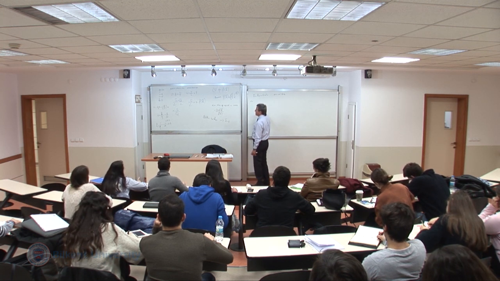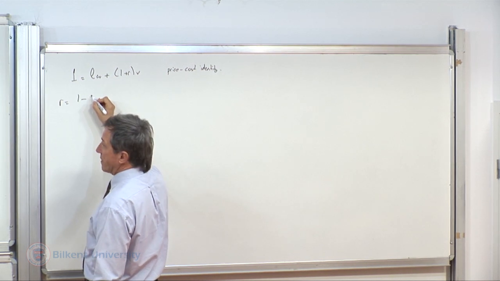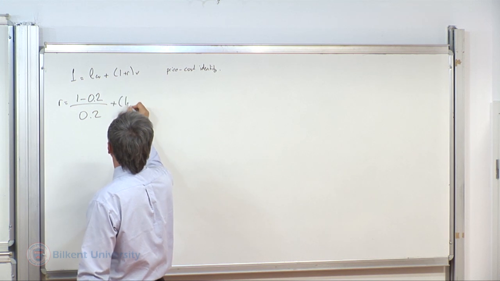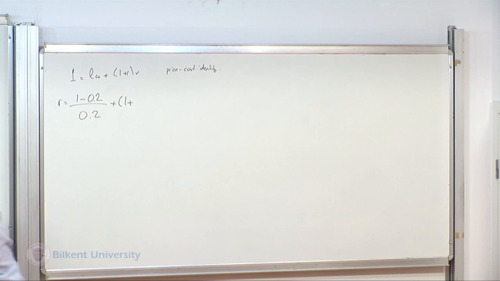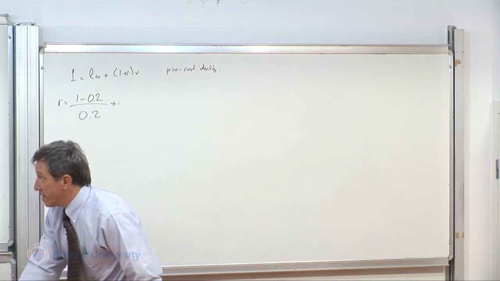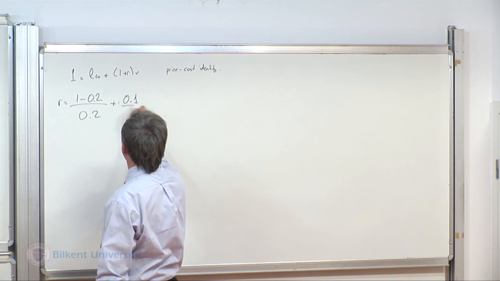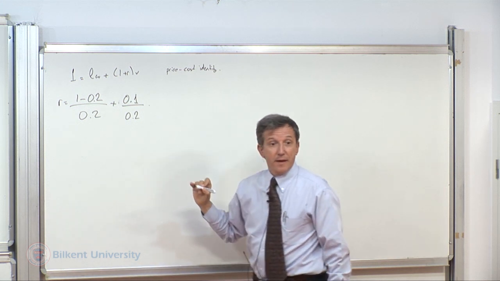And from that way onwards, this is 1 minus 0.2 divided by 0.2 plus 1 plus L over V, and L is 0.1 divided by V, which is 0.2, times the wage rate.